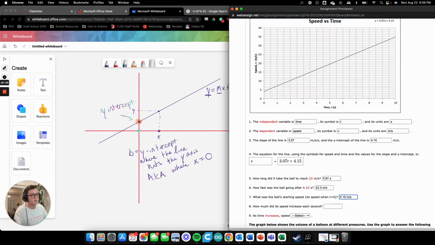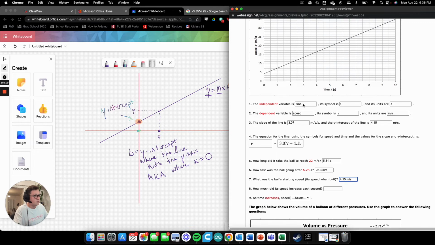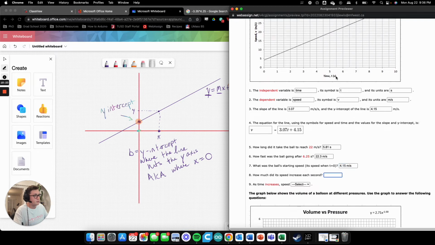And it has the same units as the y values. Okay, how much does its speed increase each second? That's literally, in this case, because we're measuring time in seconds, just the slope.